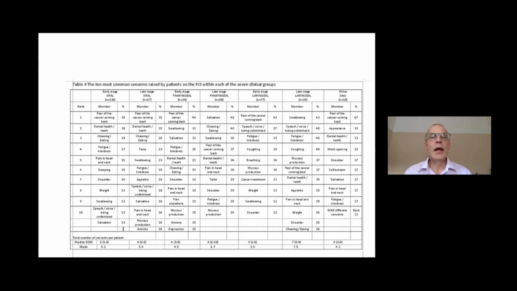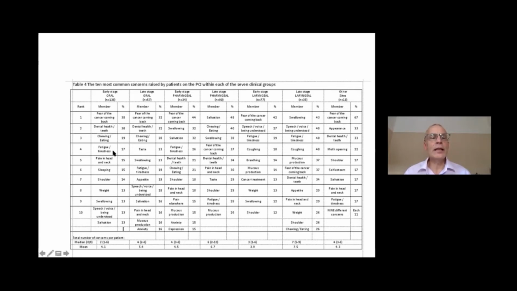and a little bit by treatment. And the other thing that I would just wish to stress here is if you look at the top 10 and you look at the frequencies, you can see that for late oropharyngeal cancer, you're still seeing that over a quarter of the sample are reporting fatigue and mucus production, even though it's down ranked 9 and 10.